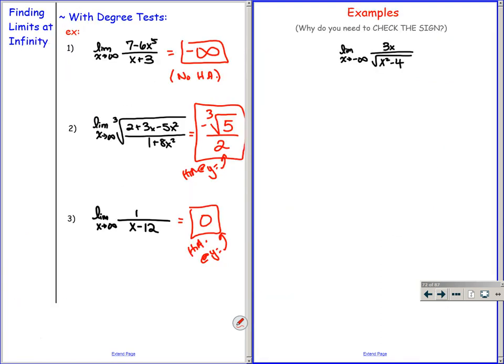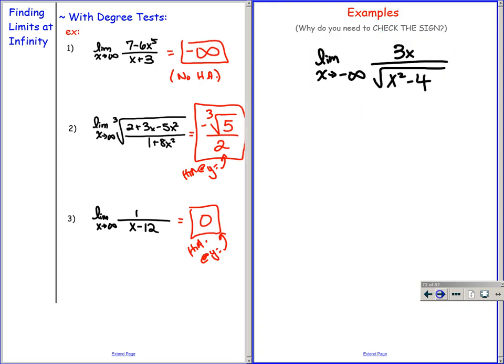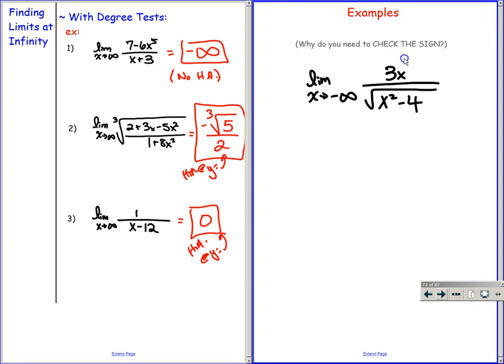So how about this guy? Ready, set, go. Whoa, negative then. What's that change? Why do you need to check the sign? Who already has it? 3.